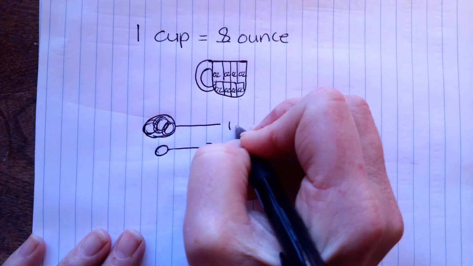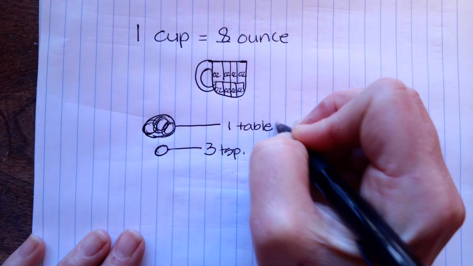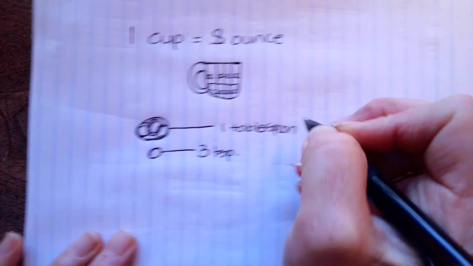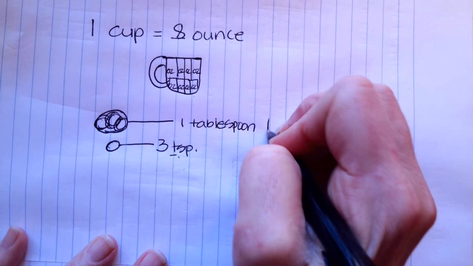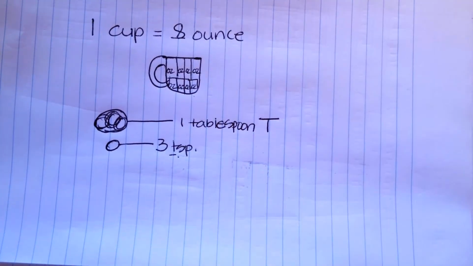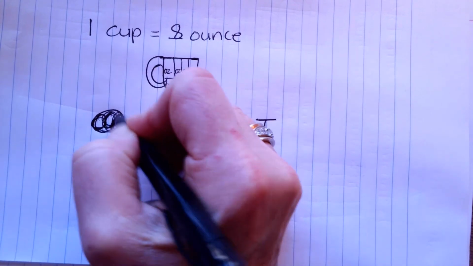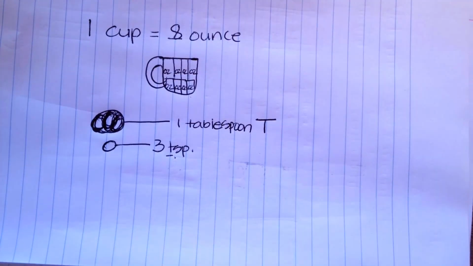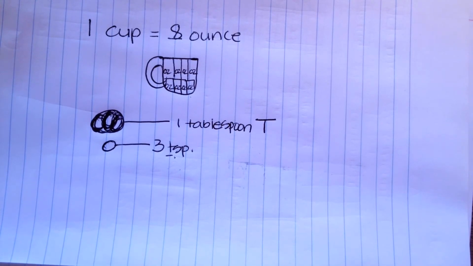This is called a tablespoon. So this is TSP and it's a lowercase t. A tablespoon is just an uppercase T. And so 3 of these little teaspoons would fit into this 1 tablespoon. Make sense?